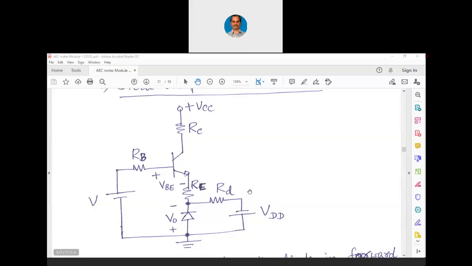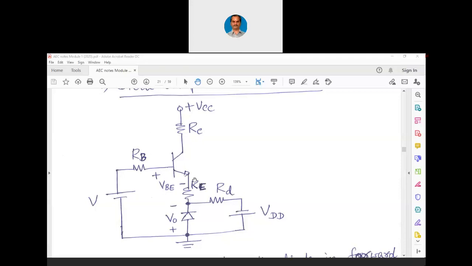Now what happens in the circuit is, we have an additional diode, an additional resistor, and an additional power supply. This is called a compensation circuit. Now what happens here is, if temperature changes, VBE changes. If temperature changes in the transistor, the base to emitter junction potential changes.